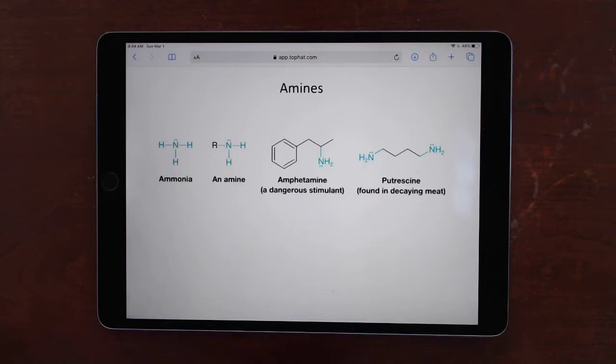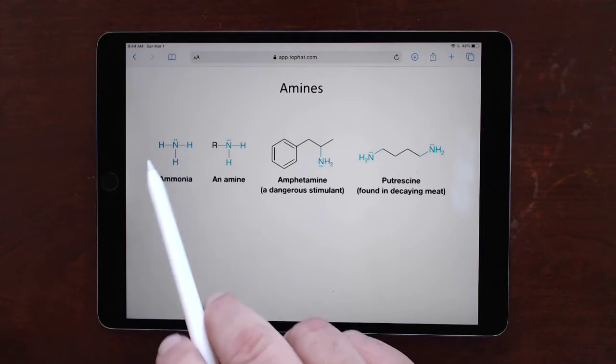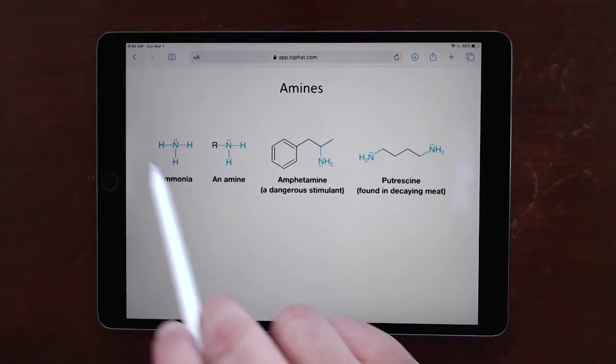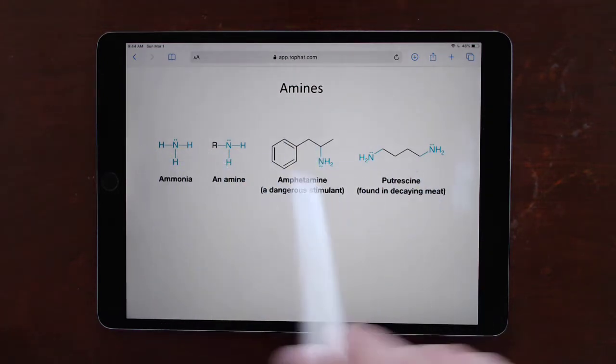Okay. Now, amines are the nitrogen equivalent of an alcohol. So instead of an OH, we have an NH. And remember, nitrogens typically like to have three bonds and a lone pair, and so they're going to have 3 things hanging off it. And it doesn't matter with the amine if there's hydrogens hanging off of there or not.